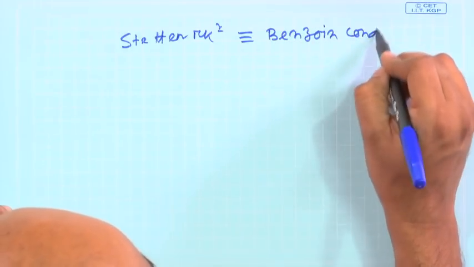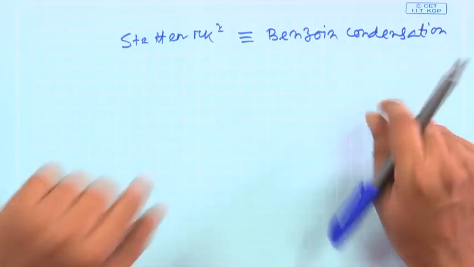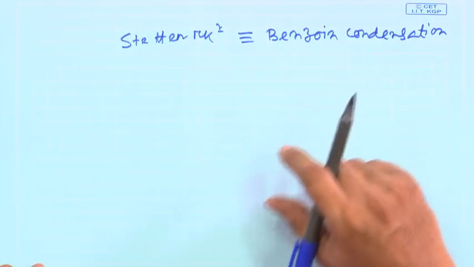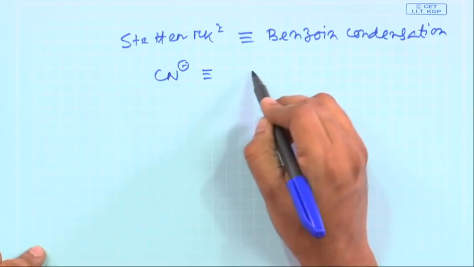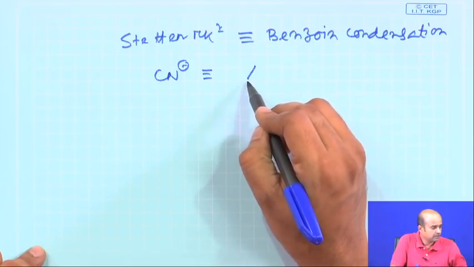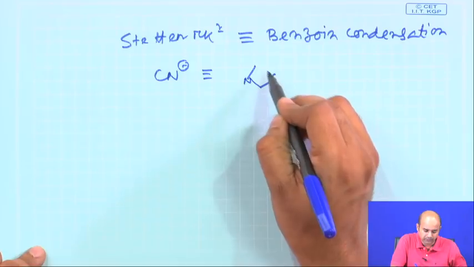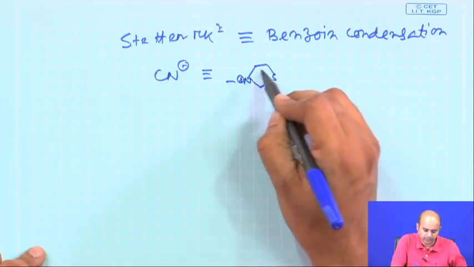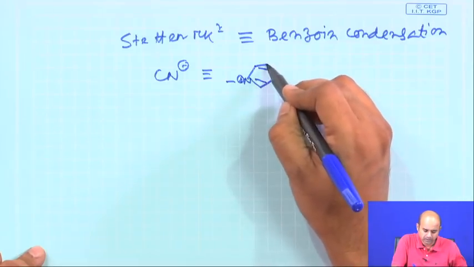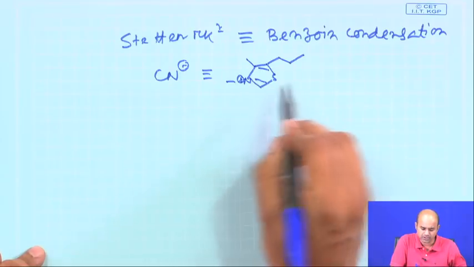If you remember the mechanism of benzoin condensation, then this mechanism will be very similar, except that in benzoin condensation you have a cyanide species, whereas in Stetter reaction you have a thiazolium species, which is a 5-membered nitrogen and sulfur containing compound with this kind of core structure.